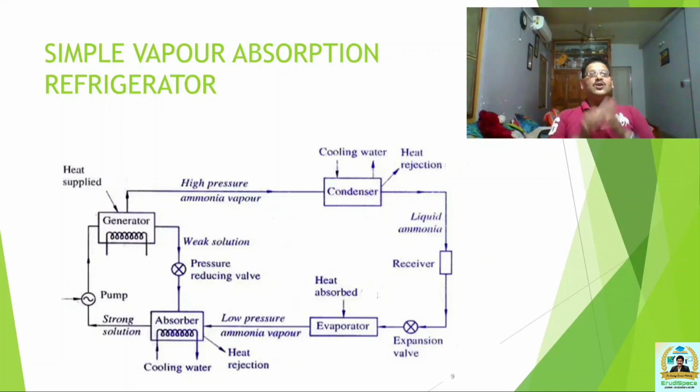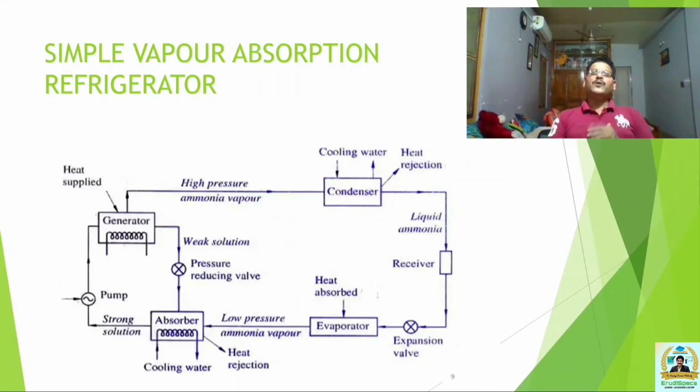First, we'll discuss briefly the functioning of the more commonly used Vapour Compression Refrigeration System. It uses an evaporator, a compressor, a condenser, and an expansion valve.